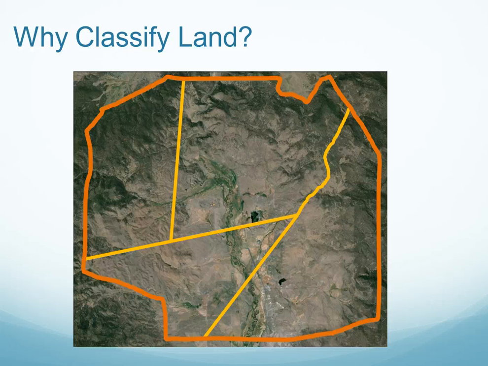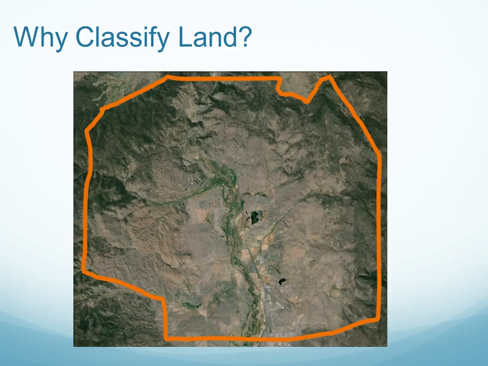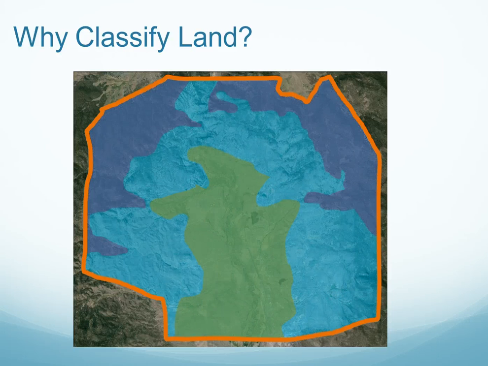But the land itself is not categorized or classified by these units of pastures, but instead may be better represented by classification systems that incorporate the information about the landscape, the soils, and the vegetation.